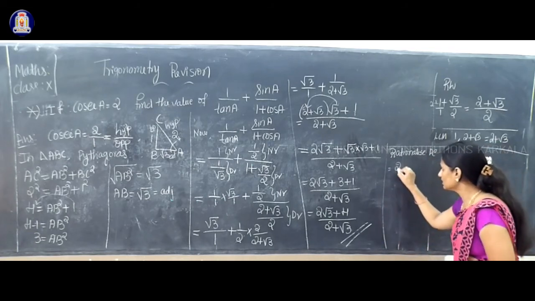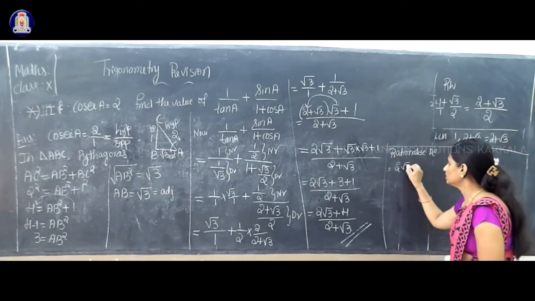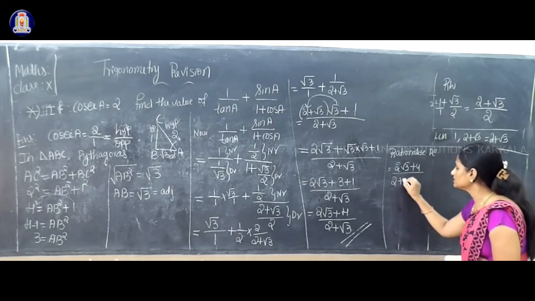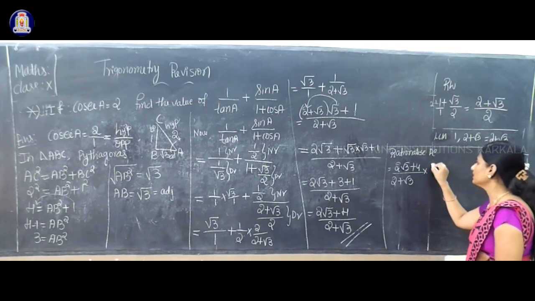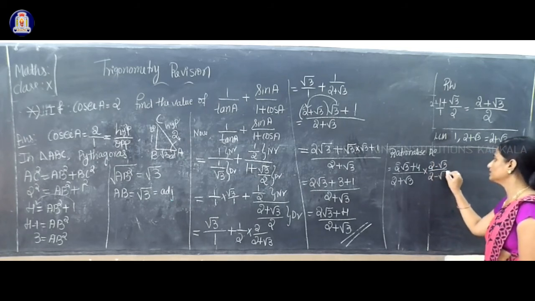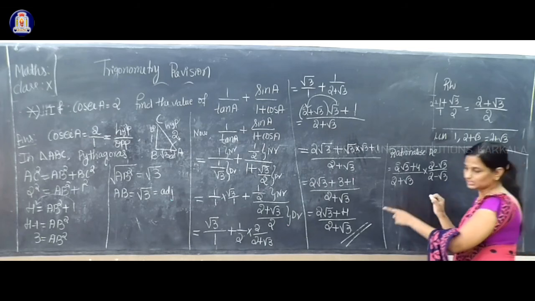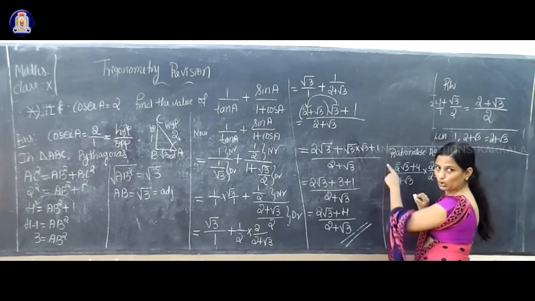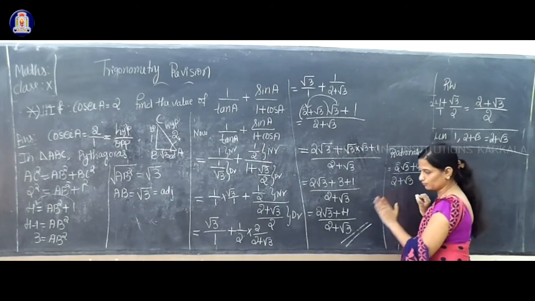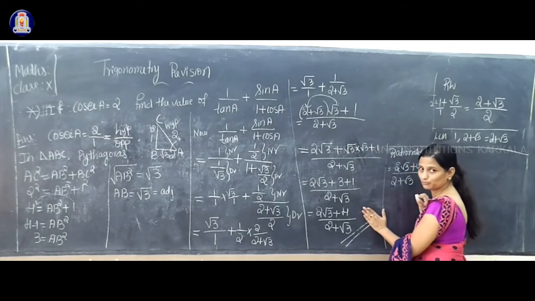So what is rationalizing? 2 root 3 plus 4 divided by 2 plus root 3, multiply by 2 minus root 3 divided by 2 minus root 3. Here the rationalization part is not necessary. If you want, you can continue this. If you write this answer, then you get the mark.